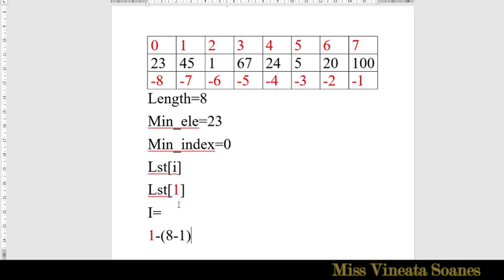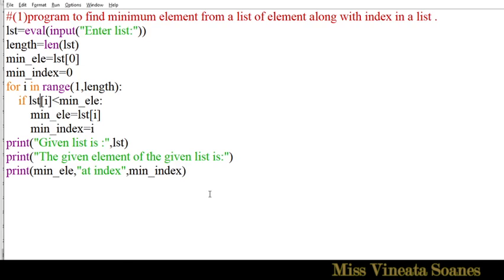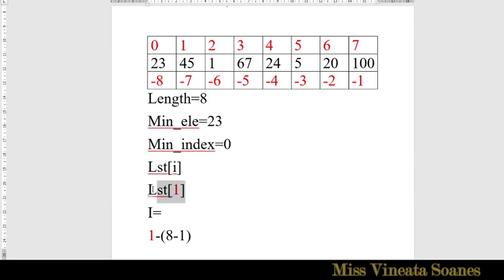Now when I say lst[1] is less than min_el, I'll just give it here. So this would mean 1, and min_el, what does it mean?